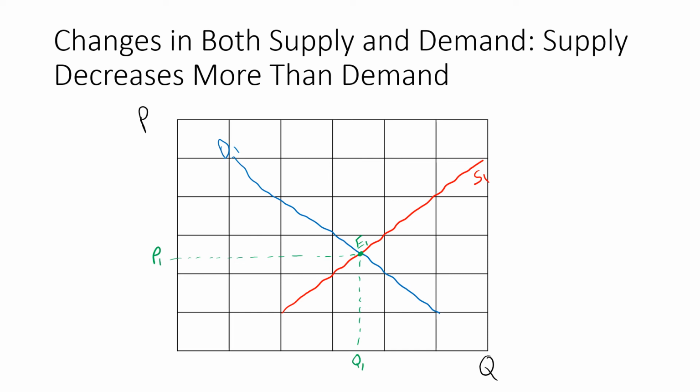So again, the problem is supply decreases more than demand. So let's have a significant change in supply first, just because that's where we're going to have more of. So let's have a pretty significant one. Let's draw that change in supply over here. Supply 2, right? And that's a leftward movement of supply. Now let's go ahead and draw demand. Oh, I drew it in red again.